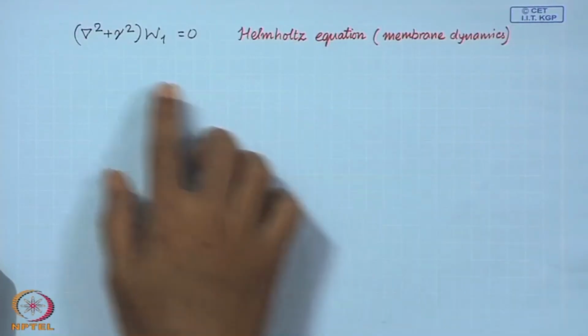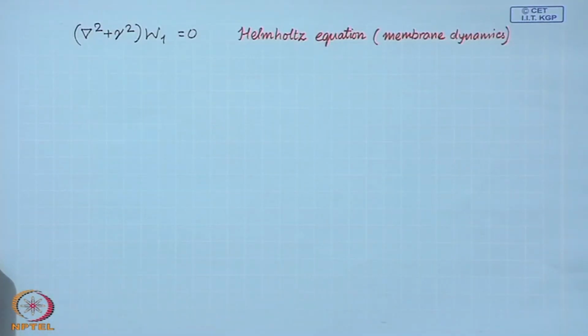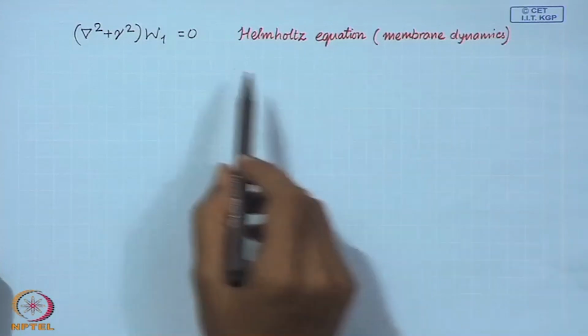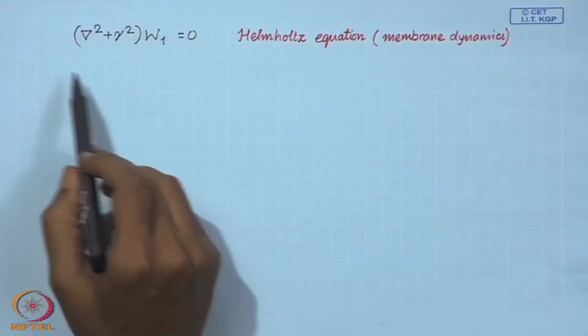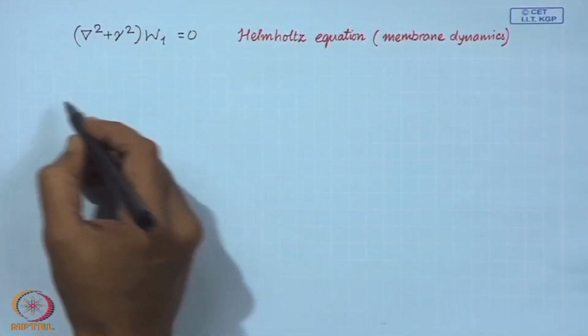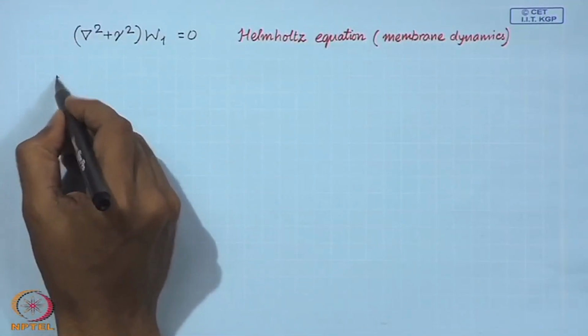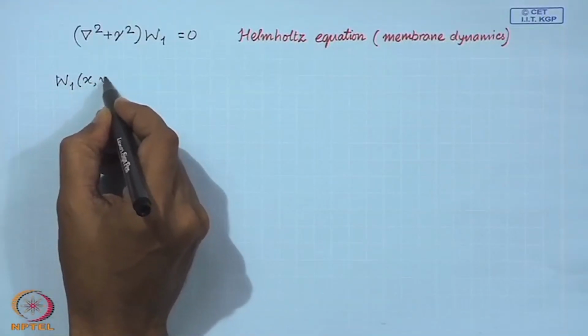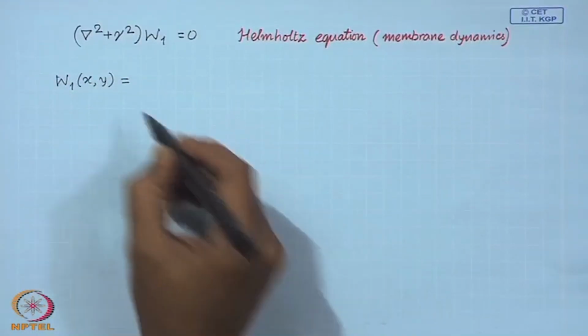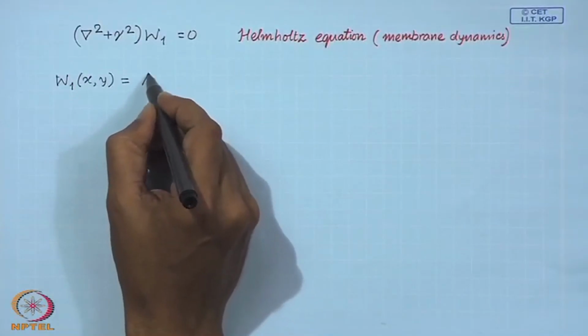So, when we studied the eigenvalue problem for membranes, we encountered this differential equation, and the solution we can recall is in this form.